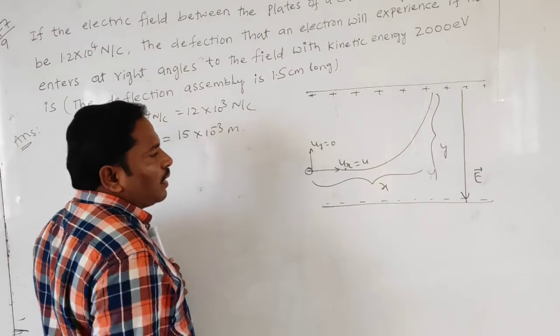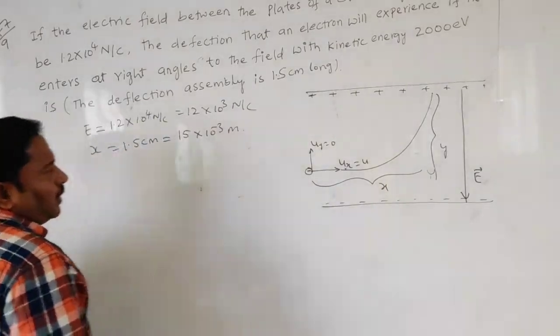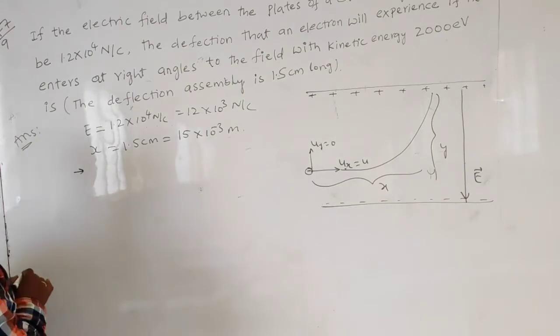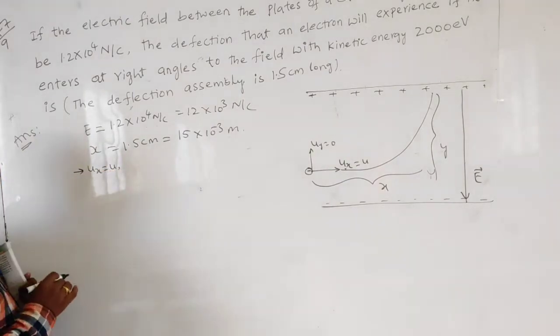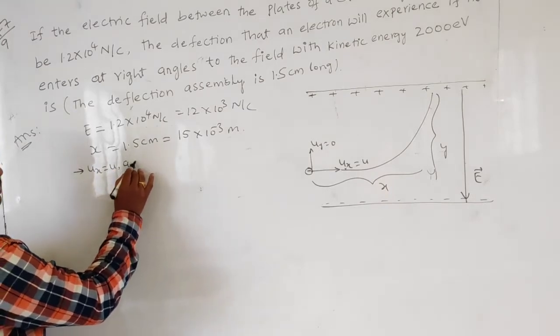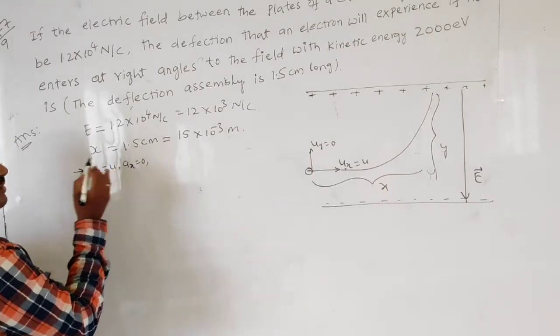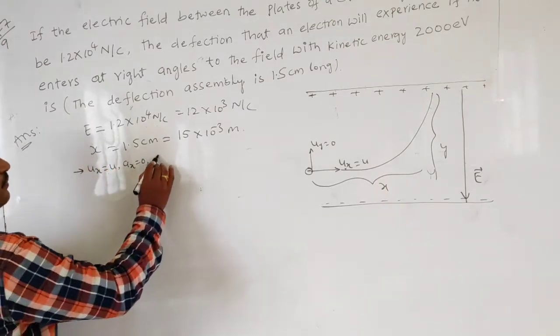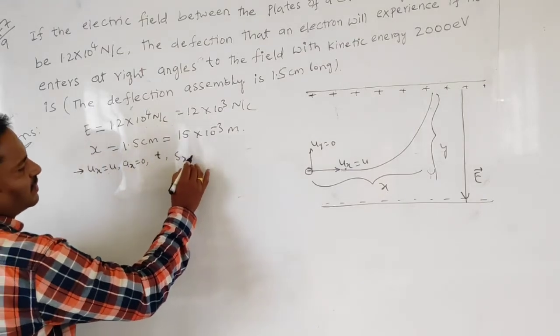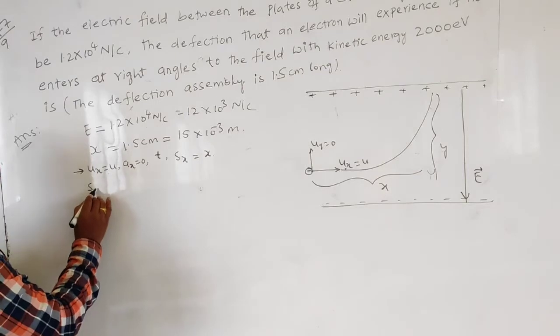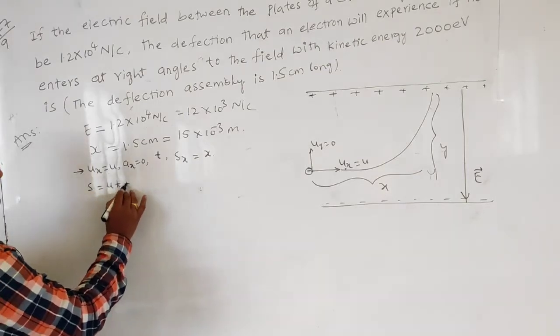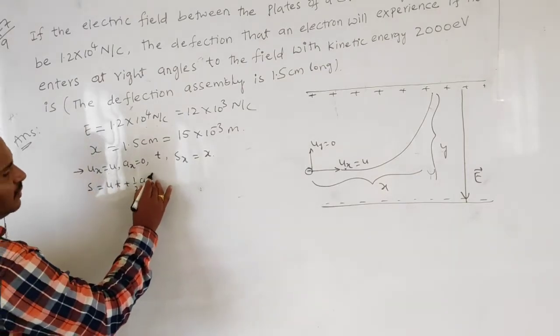Now we are applying the initial velocity ux equal to u, which is constant, and ax equals 0 because the acceleration is 0, after time t. So the distance traveled along the x direction is x. Now we use s equal to ut plus half at square.